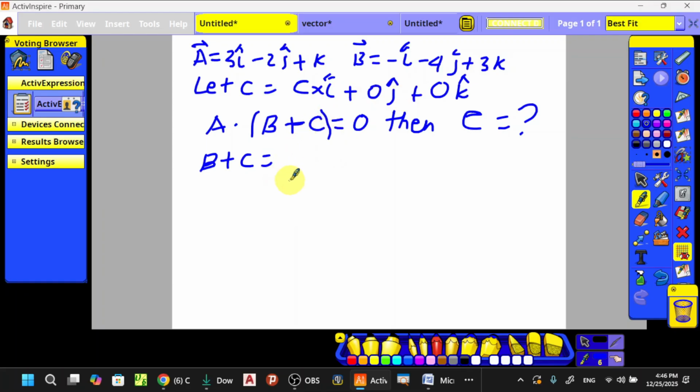Minus 1 plus cx for the i component, and for the j component, minus 4 plus 0 is just minus 4, and 3 plus 0 is 3.